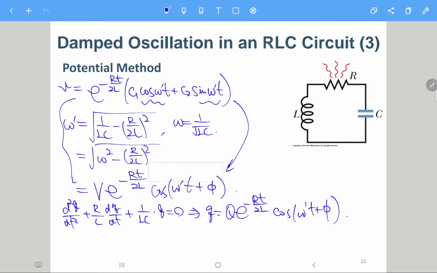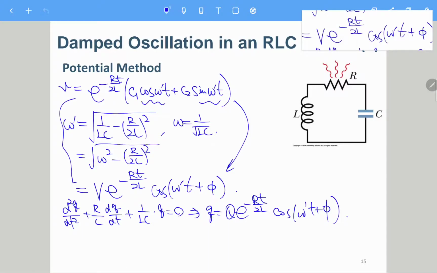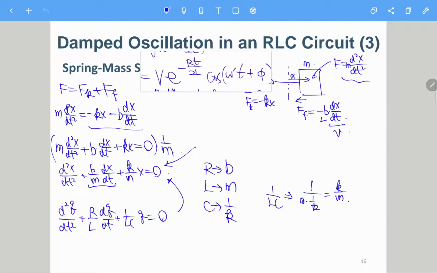So we can also get the X to be X exponential to minus BT. We change R to B, and then we change L to M, cosine omega prime T plus phi.